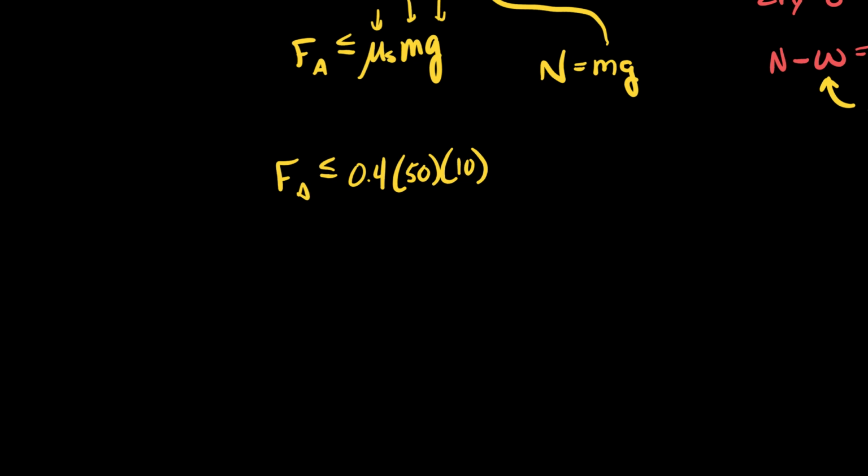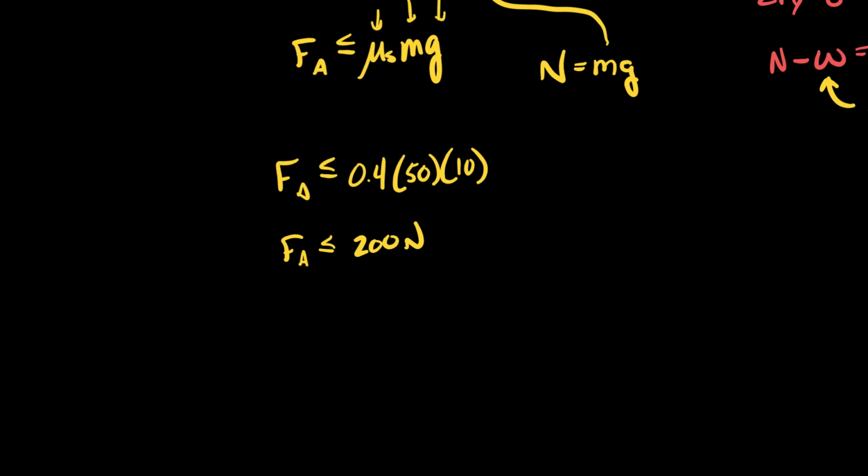I believe this is 125. You could check, though. It's probably a good idea if you do. It's 200? Oh, I was dividing by 4, not multiplying by 0.4. Thank you. I knew you should check.